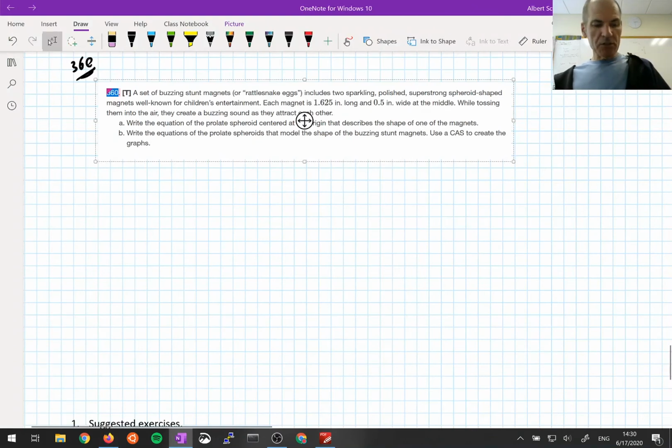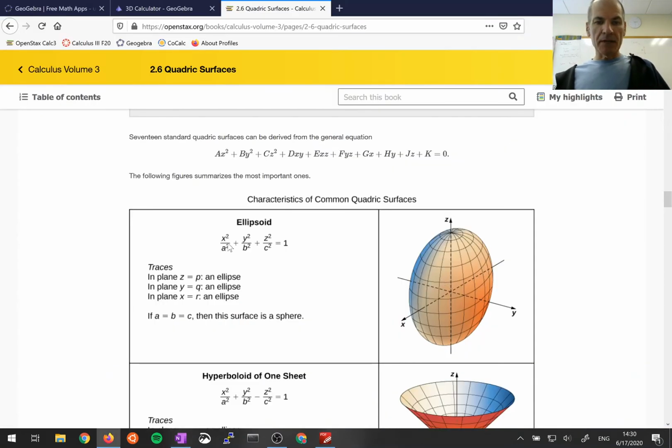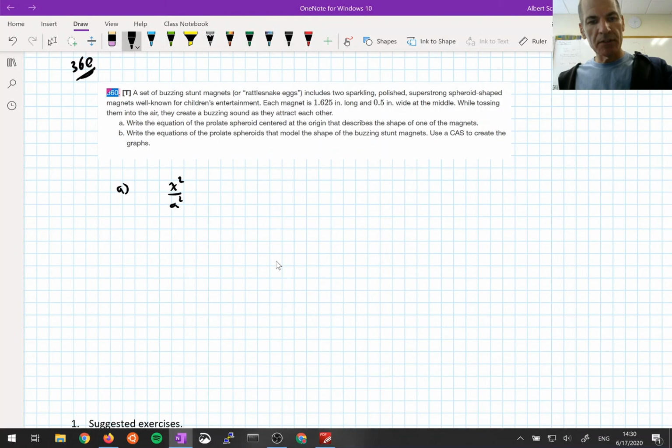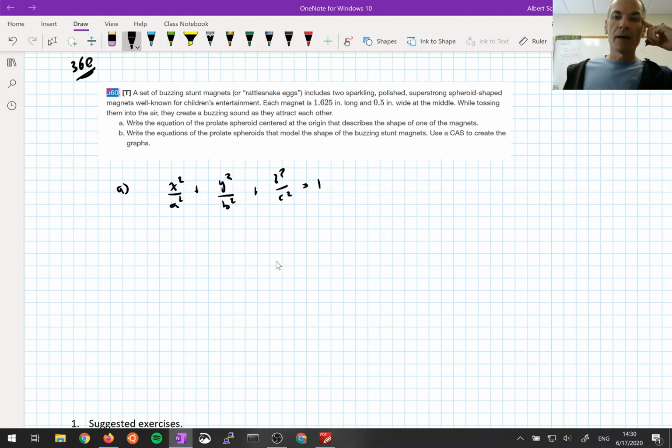The equation for the ellipsoid is x squared over a squared, y squared over b squared, etc. So we're trying to figure out essentially what are a, b, and c. So we have x squared over a squared, y squared over b squared, z squared over c squared equals 1.